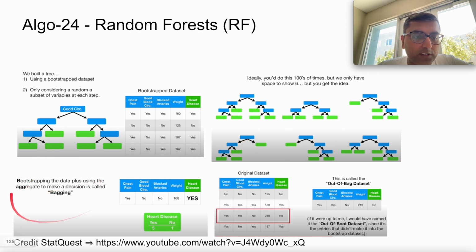And that's this process of bagging. In bagging, what happens is we use the bootstrapping data set and we aggregate the decision. So we ask this tree, hey, does this person have a heart disease? Hey, does this person have a heart disease? And let's say 4 out of 5 tell you, 5 out of 6 tell you, yes, this person has a heart disease. You take the aggregate in some sense. And at some point you can take an average as well.